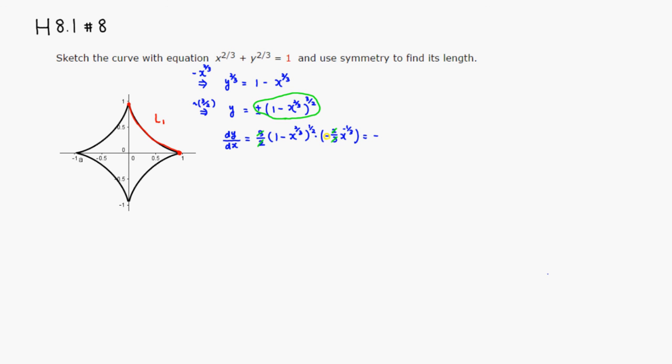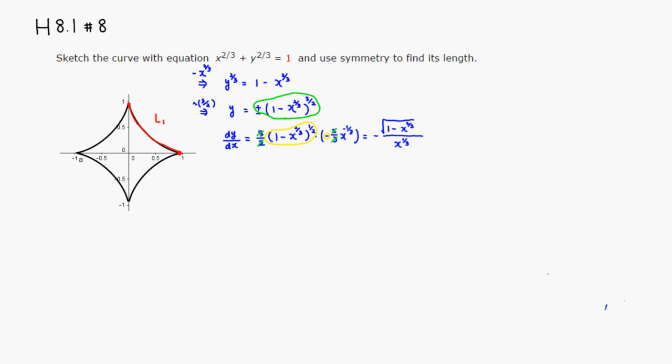Then on top, since this is a 1/2 power, it's the square root of 1 minus x to the 2/3 power. So I took care of this part. Then since x has a negative power, I can put x on the bottom with a 1/3 power.